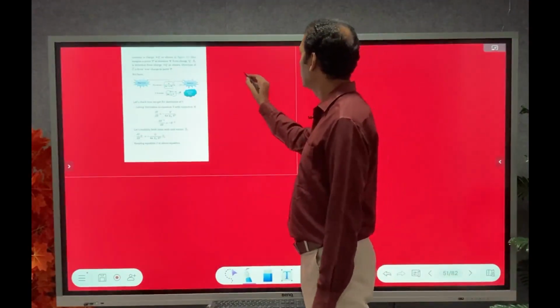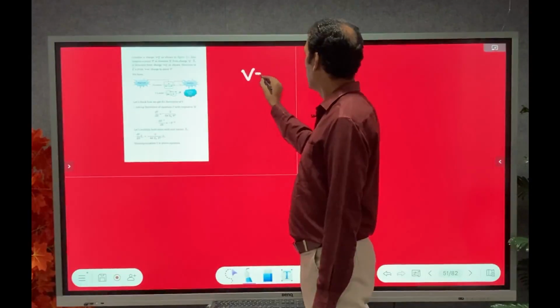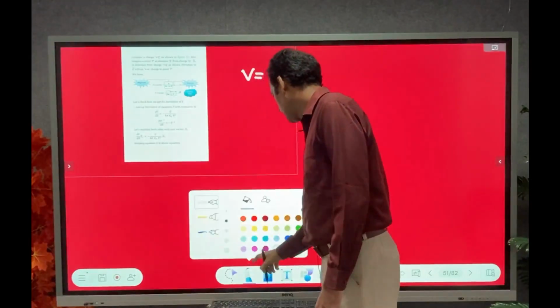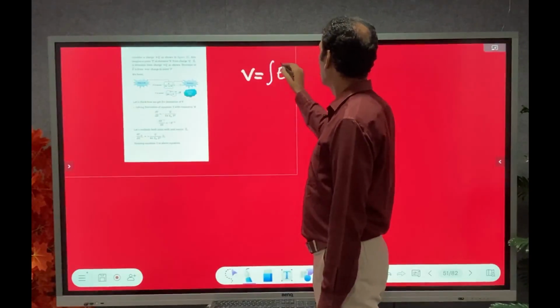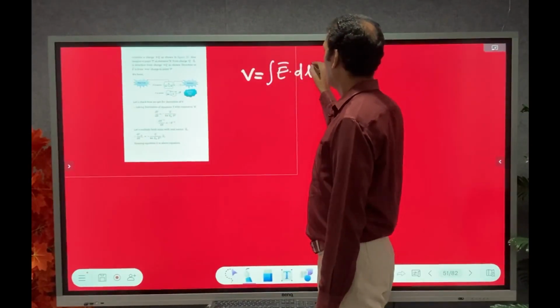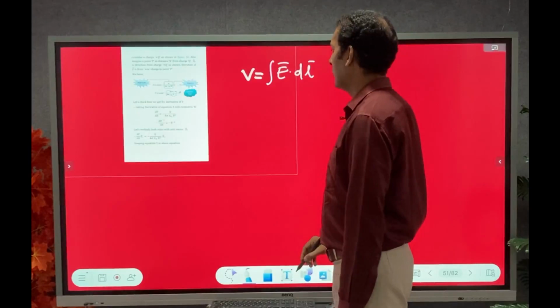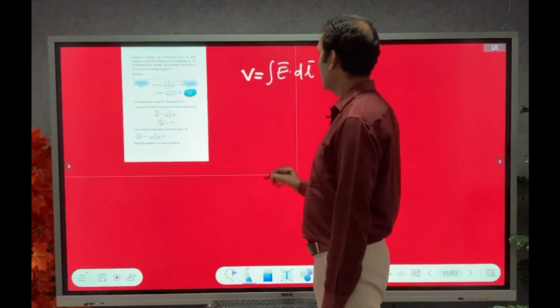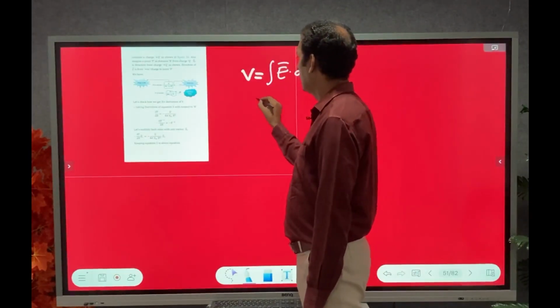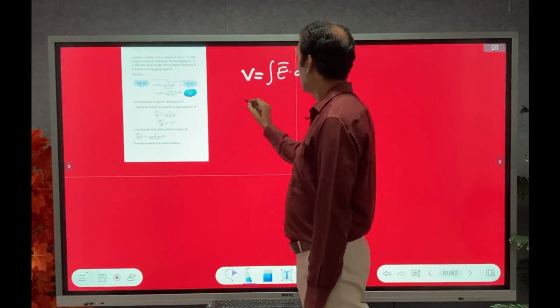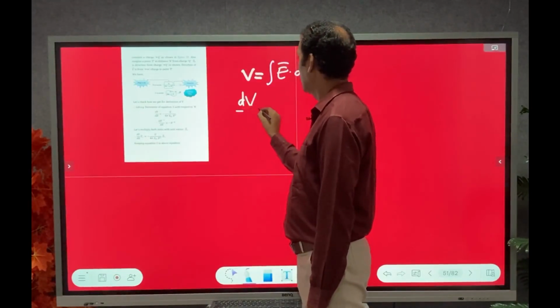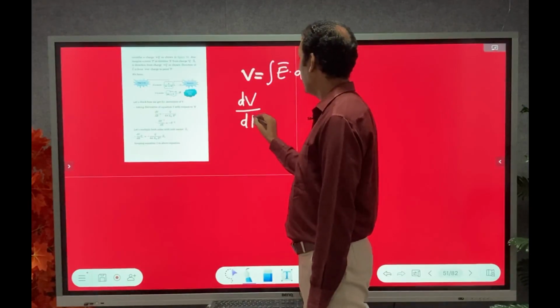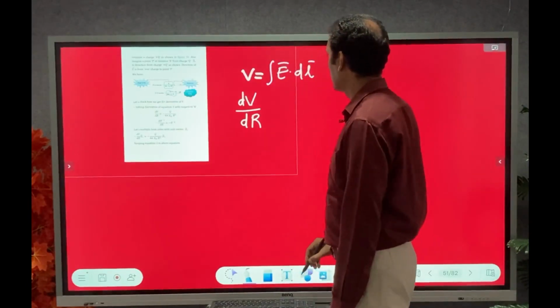We have voltage is equal to the integral of E bar dot dl bar. And last time we have also derived that E is directly related with dV by dr.